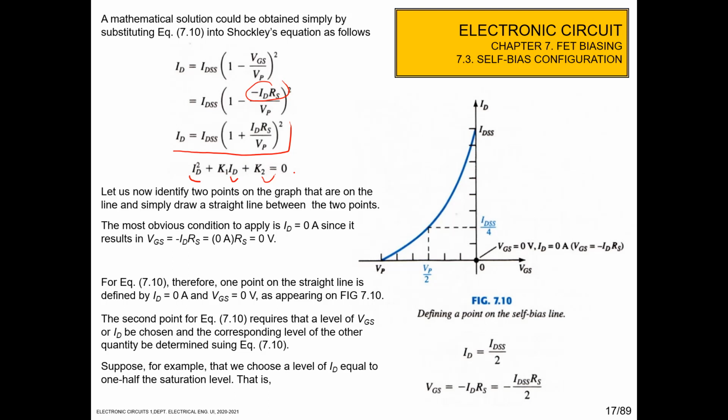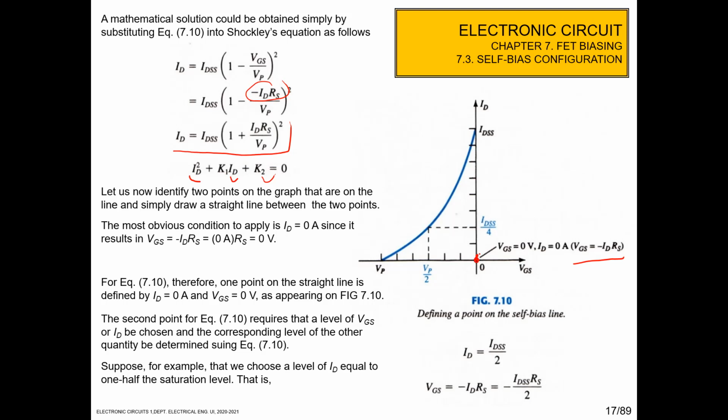We can see that these are different roots or similar roots. Because we have two points here, we can draw the network characteristic by this one: when ID is equal to 0, VGS is equal to 0, because VGS is minus IDRS, so we can get one point here.